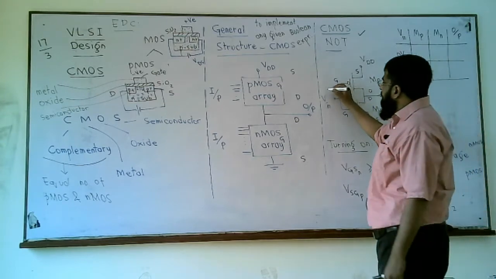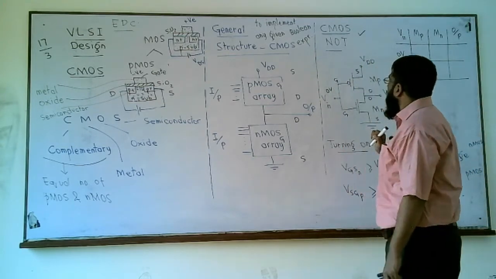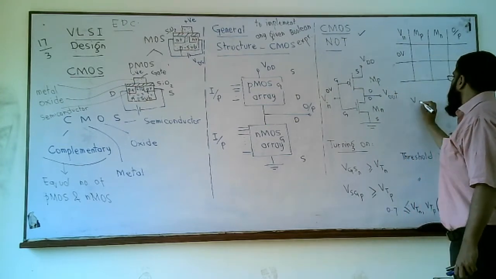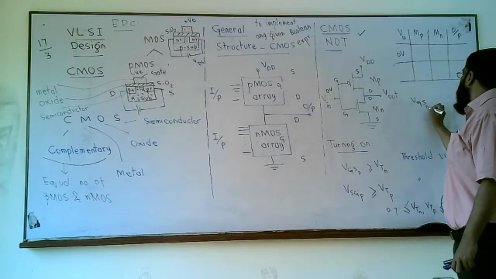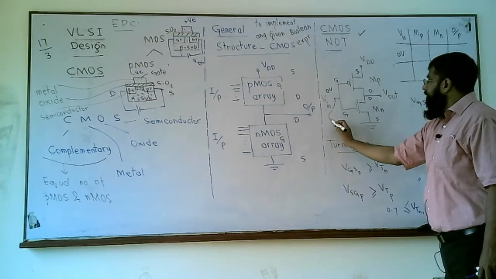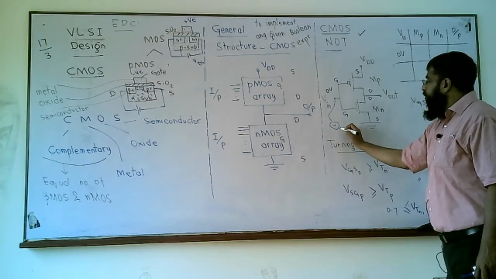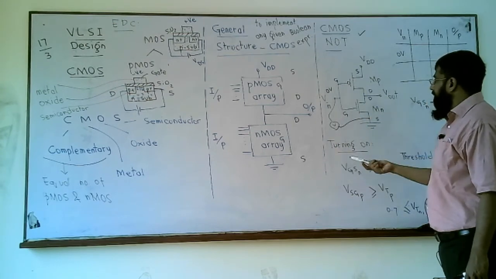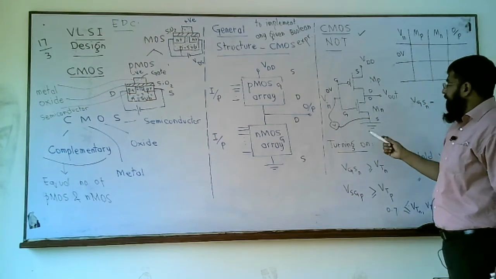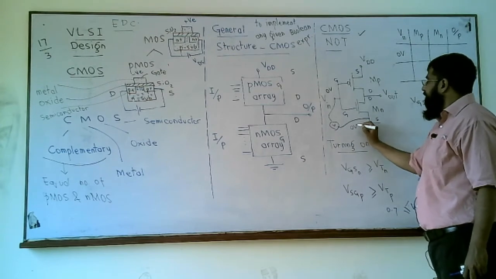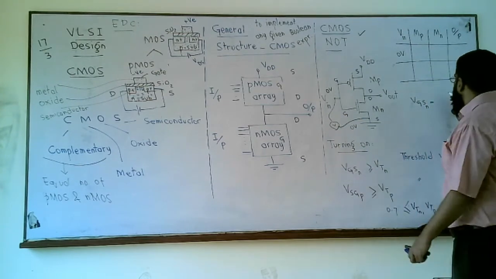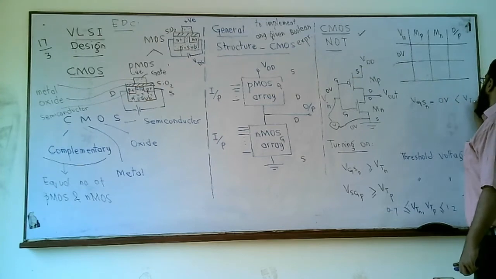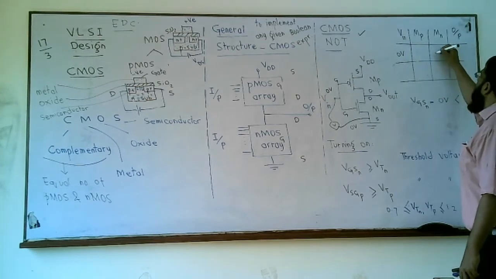So if we apply 0 volts here, let's check what VGS is. VGSN is equivalent to having a voltmeter between this gate and the source terminal. Ground is already at 0 volts, so 0 minus 0 is 0 volts. Since this is less than VTN, MN is off.